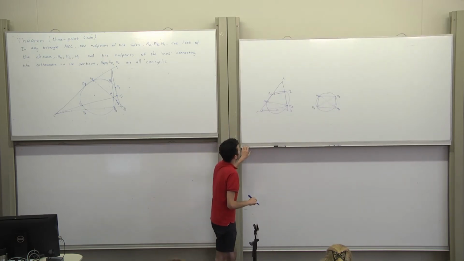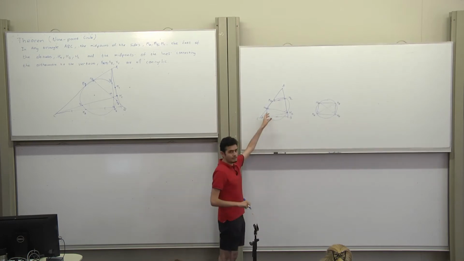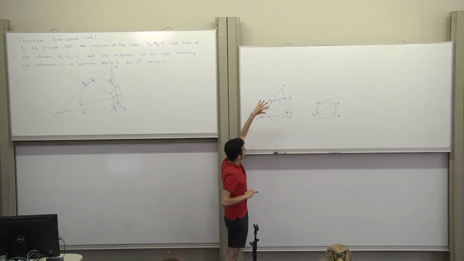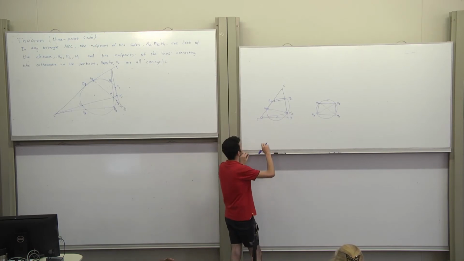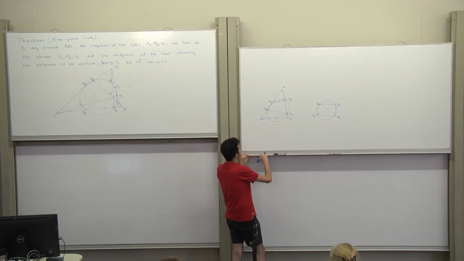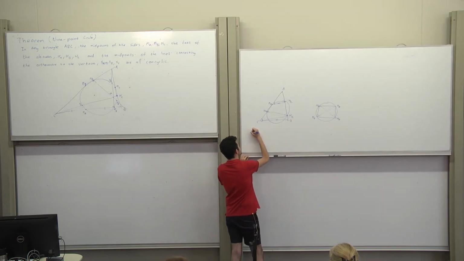Right, and this can be generalized for all 6 ones. So we end up with, sorry, not 6. Is it 6? I think it's 6. Well, let's just write them out anyway. So we get a whole bunch of cyclic quads, and let's list them.